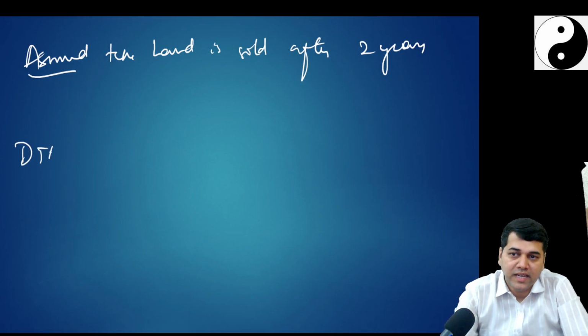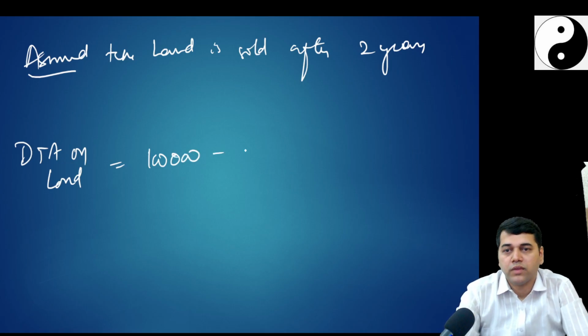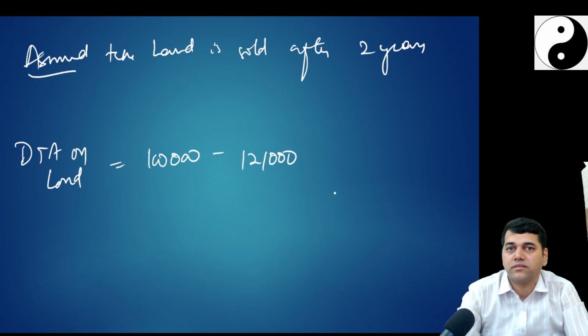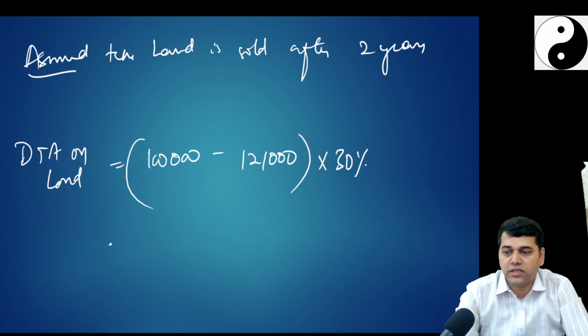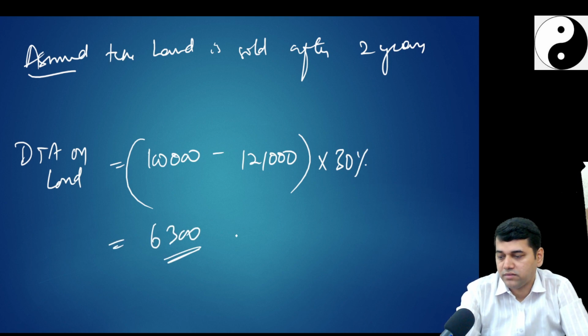So deferred tax asset on land today will be 1 lakh, its book value, minus 1 lakh 21, its tax base, because you have assumed you are going to sell after 2 years, into 30% gives you 6,300.